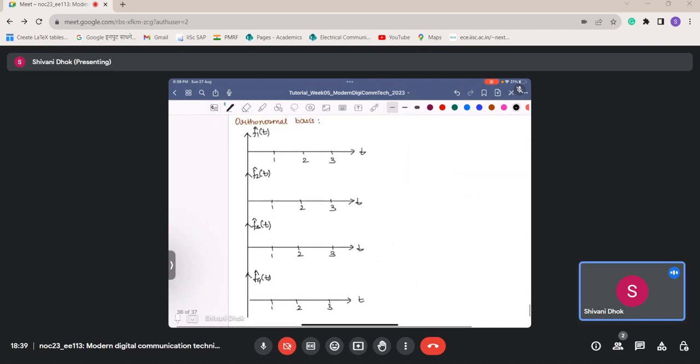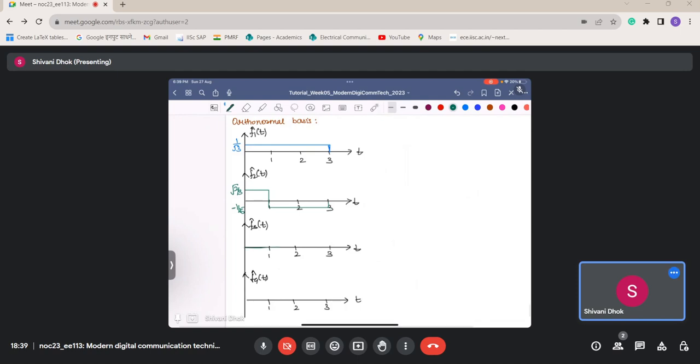Okay, so the first basis that we had obtained was this. So this is 1 by root 3. The second basis that we had obtained was something like this. So it was under root of 2 by 3 here, and it was minus 1 by root 6 here. The third basis that we had obtained was this.